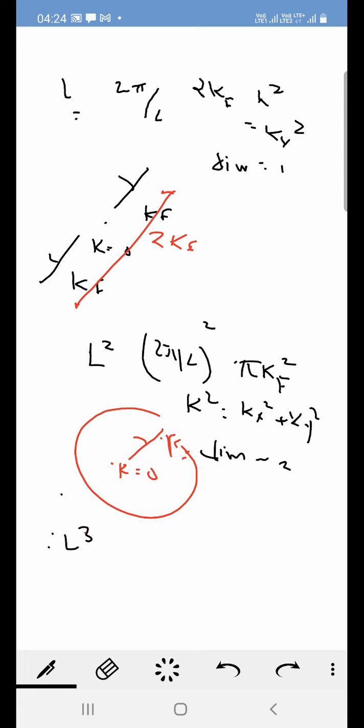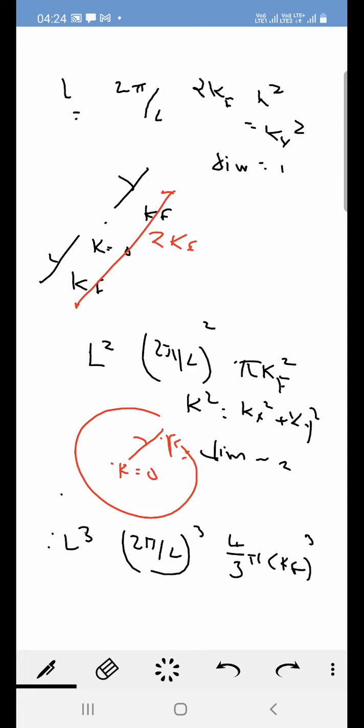And lastly we have L cube, so volume. So it will be 2 pi by L cube in the reciprocal space, and it will be the volume of a sphere, that is 4/3 pi Kf cube, the volume of the reciprocal space corresponding to that, because from a circle it will move back to a sphere.